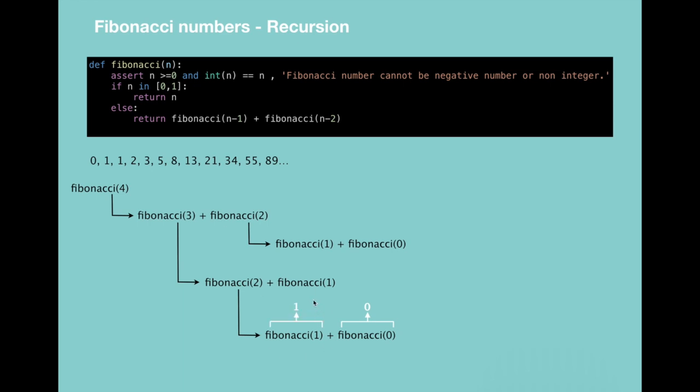So if we have these two values for these functions, we can get a value for Fibonacci 2. So in this case, 1 plus 0 will be 1. So we know that for Fibonacci 0, the return value is 0, and for Fibonacci 1, the return value is 1. So in this case, this function will return 1, and this function over here will return 0, and this function over here will return 1.